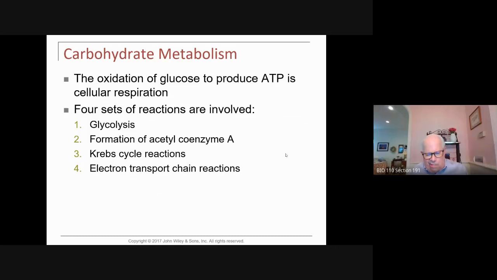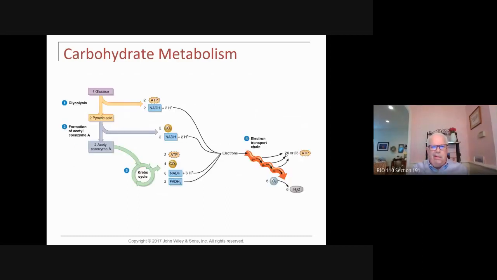You don't have to know them in detail. I'll tell you what you have to know about these 4 sets of reactions that oxidize glucose to produce ATP. Okay? Here are the 4 reactions. We'll delve into them separately, but let's look at the whole picture.